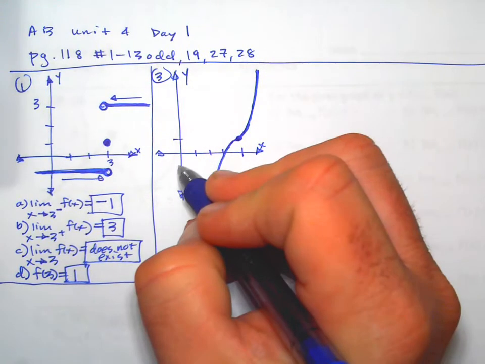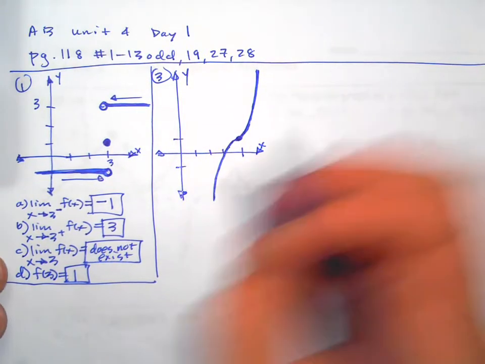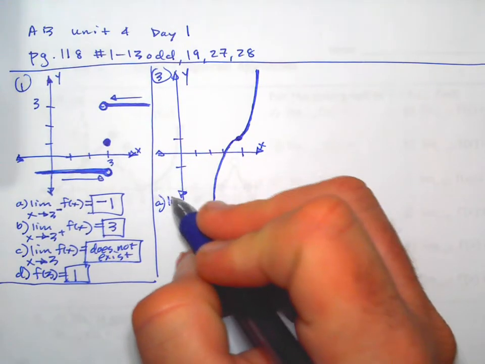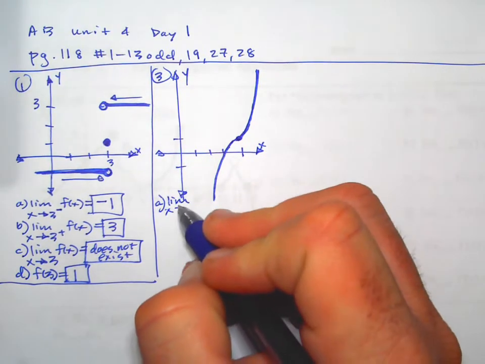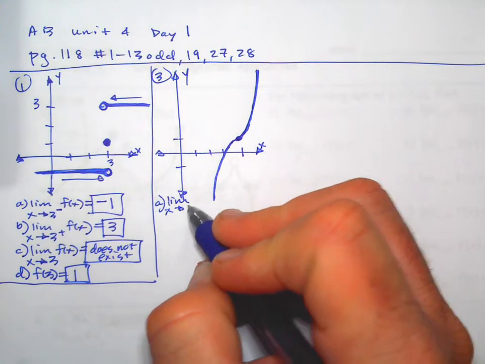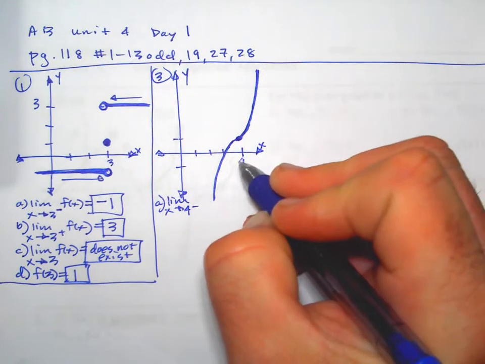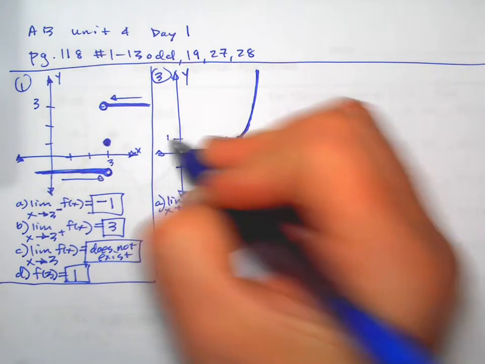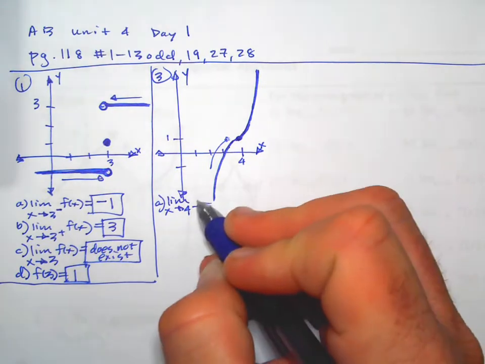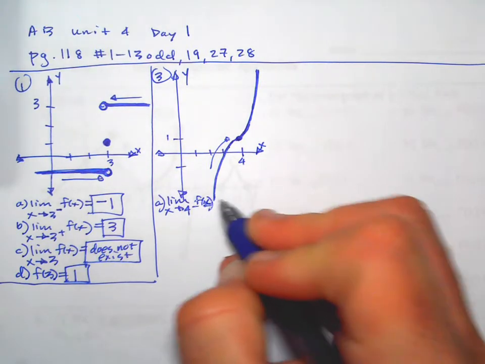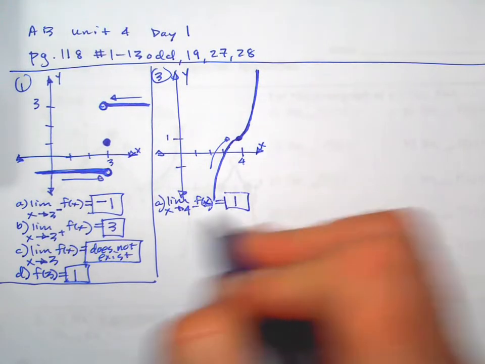So something like that. So part A says limit as x approaches 4 from the left. This is 4 right here. So from the left, f of x looks like it's going towards 1.